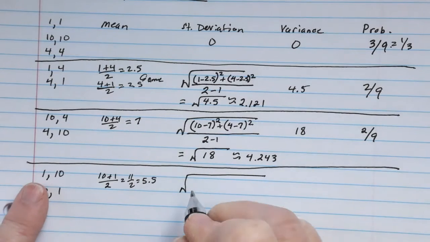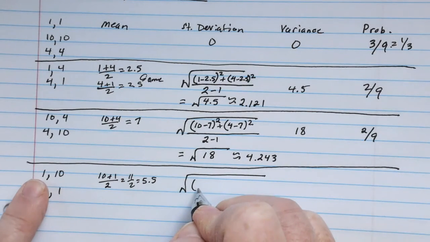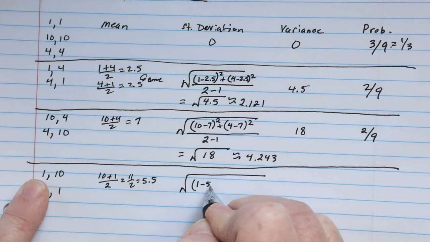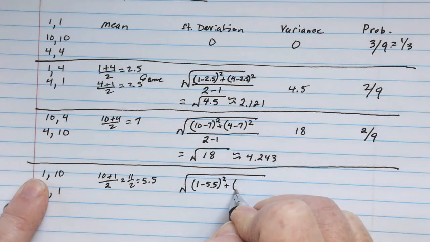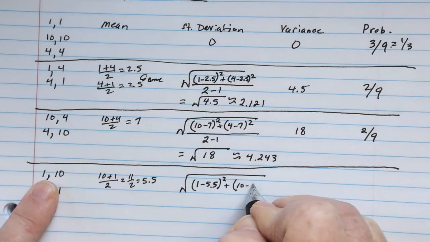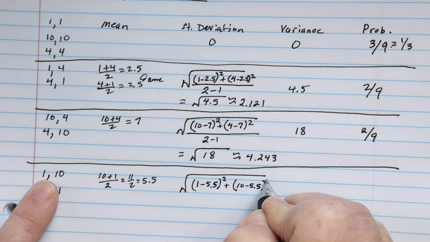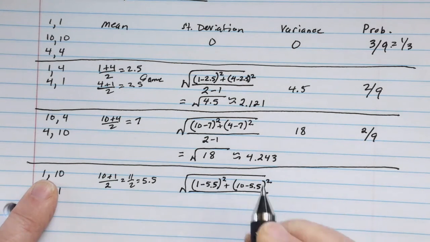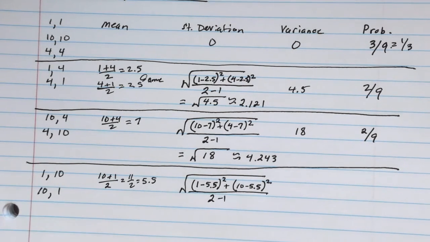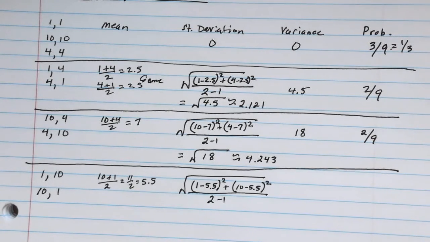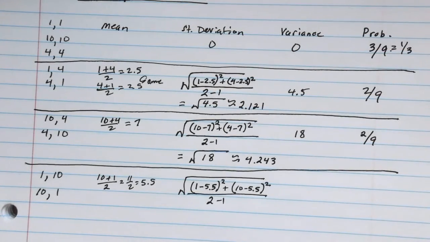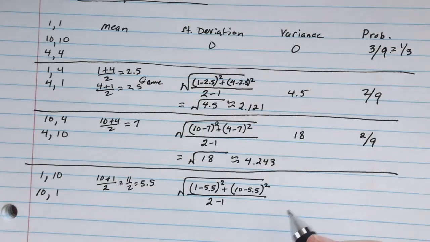You take your sample value, 1 minus your mean, 5.5, squared, plus 10 minus your mean of 5.5 squared, and divide by 2 minus 1, which is your sample size minus 1, because we are dealing with the standard deviation of a sample. So you have to use the n minus 1 formula.